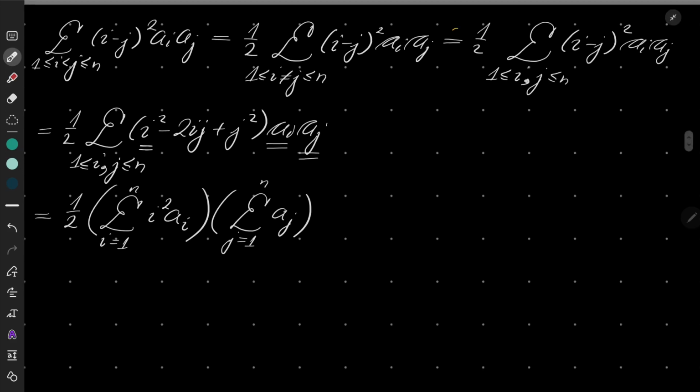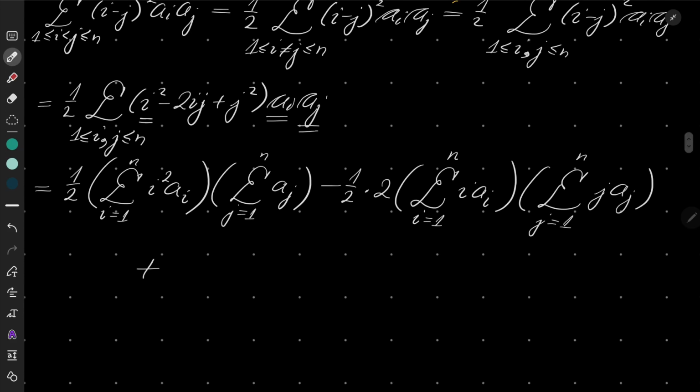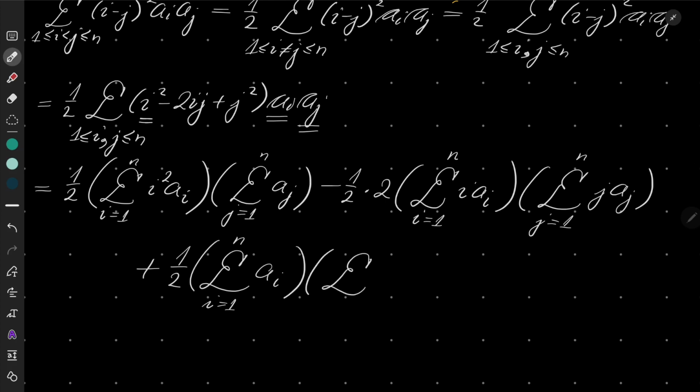The second sum will be 1/2 times 2 times the sum which goes from i equals 1 to n of i ai, and we have another sum which goes from 1 to n of j aj, and finally our final sum will go, i will go from 1 to n, ai, and finally we have sum over j, j goes from 1 to n, j squared aj.